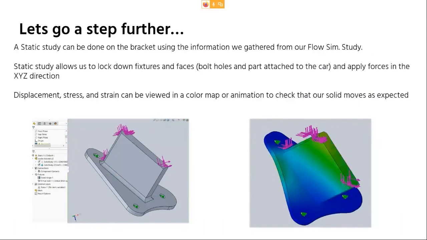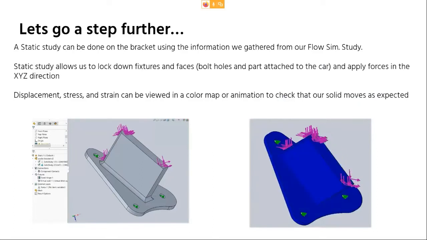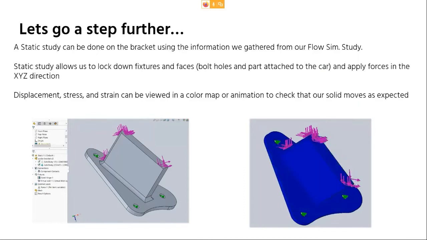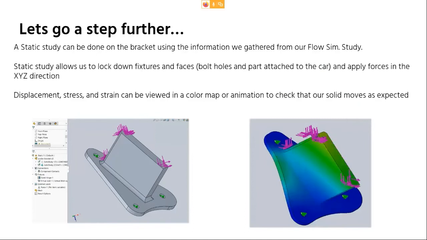So not only can we use SolidWorks simulations to test out our designs, but what about creating some really cool organic shapes of the bracket itself? And we can do this using static studies. So we've been talking about using Flow Sim to import our meshes or solid bodies into SolidWorks again. But if we've already designed something like a bracket, we can use tools inside of SolidWorks without needing to bring it back into any kind of sculpting software.